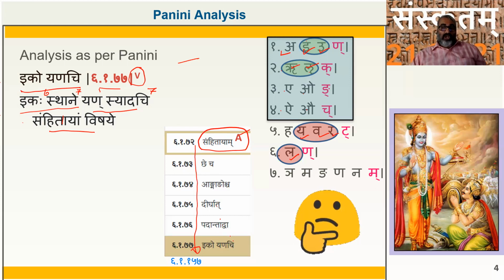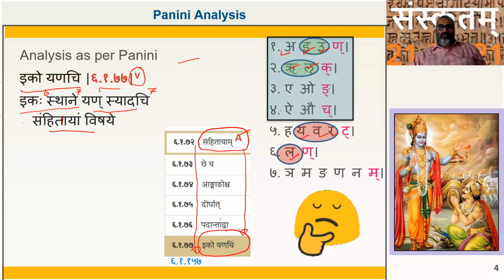Sutreshu Adrishtam Padam Sutrantarad Anuvartaniyam Sarvatra: that which is missing in the sutra has to be brought forward based on the Adhikara Sutra. Therefore, Iko Yanachi also will have Samhitayam Vishaye, because Samhita is the Adhikara Sutra which runs from 6.172 to 6.157.